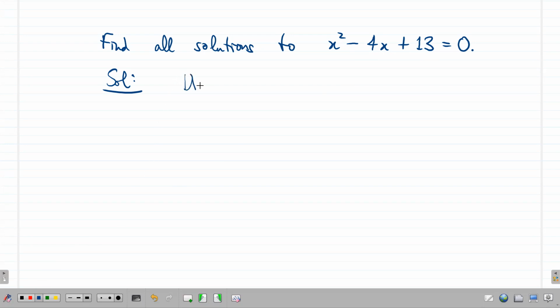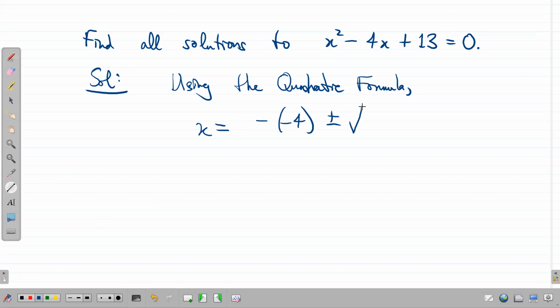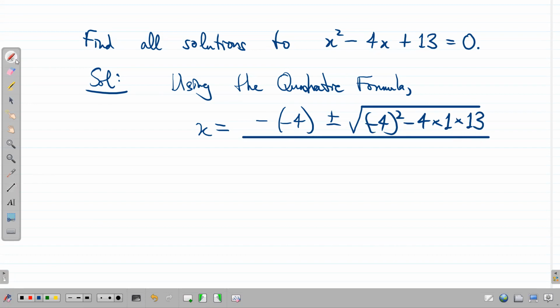So using our only tool, what do we get? X is minus B, so that's -4, plus or minus the square root of B squared, which is -4 all squared, minus 4 times A times C, divided by 2A, which is 2 times 1.